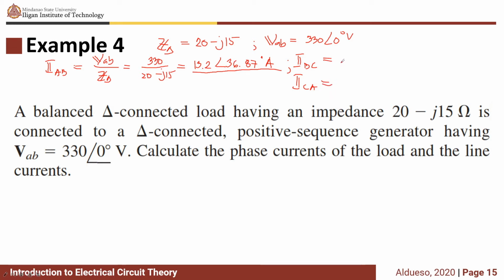So IBC is equivalent to 13.2 with angle of, since this is a positive sequence, the current IBC is lagging by 120 degrees from IAB. This is negative 83.13.